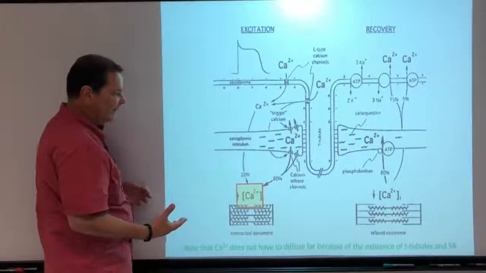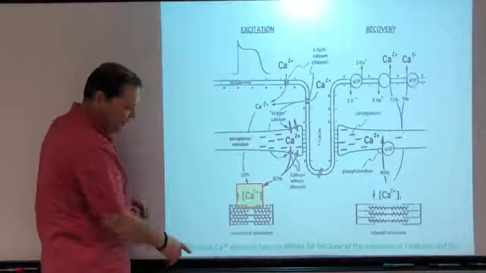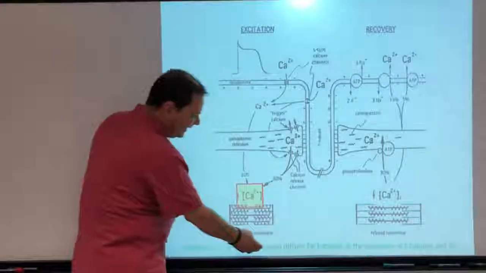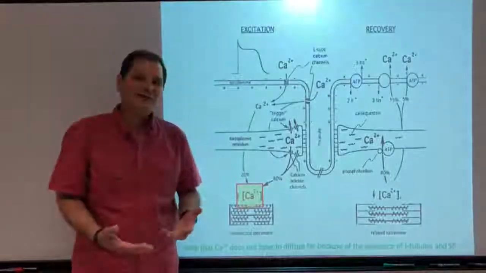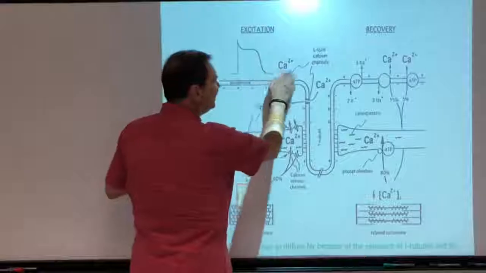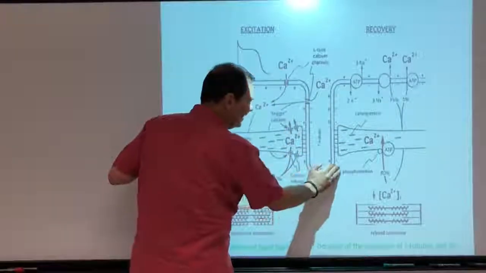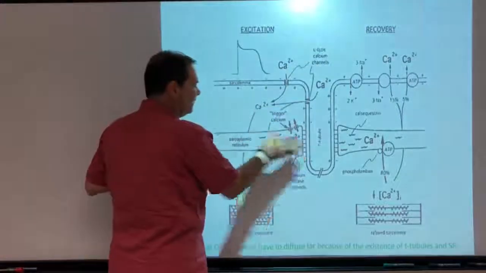Okay? And what I want you to notice is that, we made this point during the host defense block. Calcium does not have to diffuse very far because of the existence of T-tubules and the SR. The reason why you have T-tubules is to take this action potential and make it propagate down into the interior of the cell so that it can be where the myofilaments are.